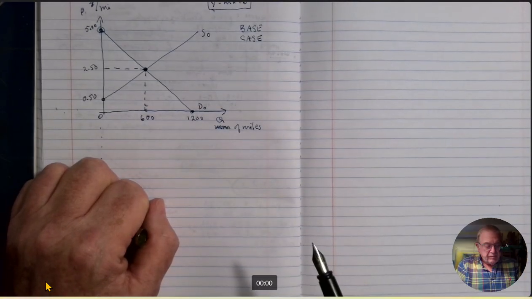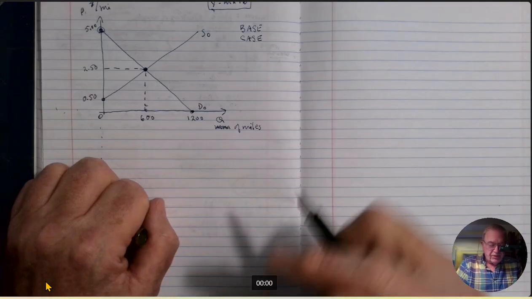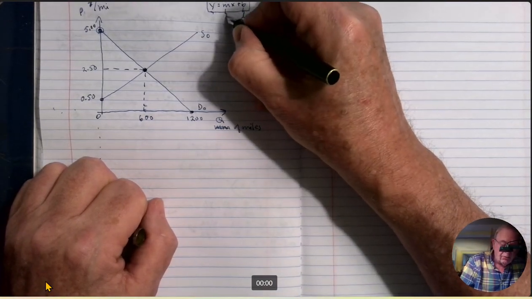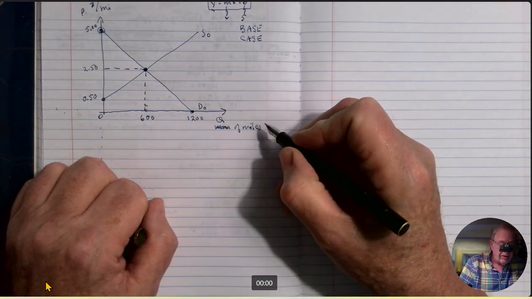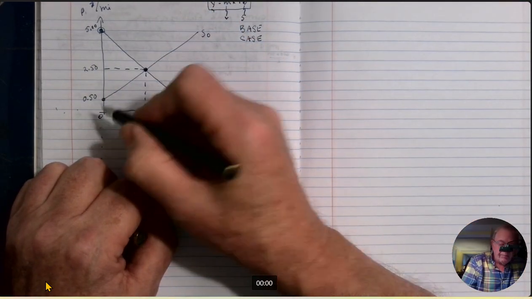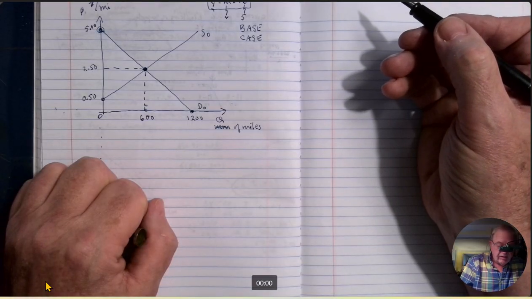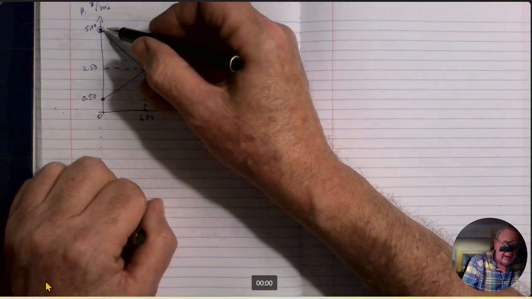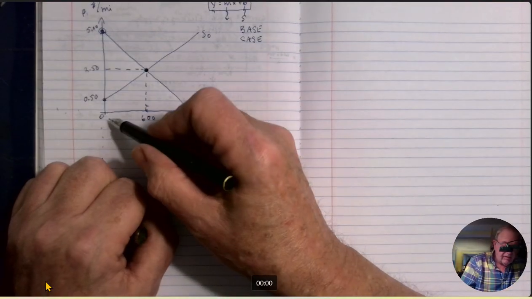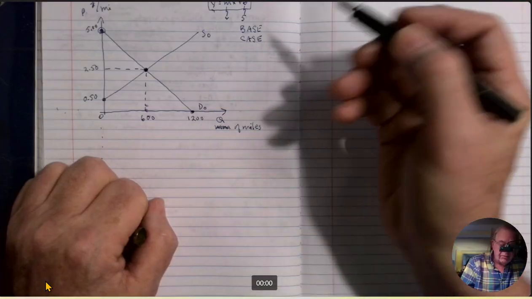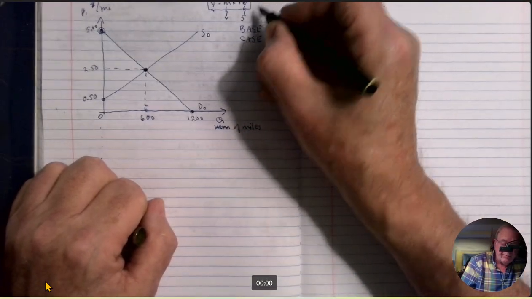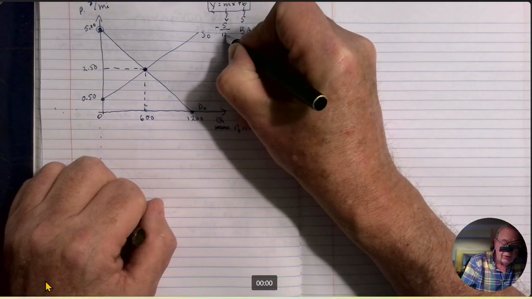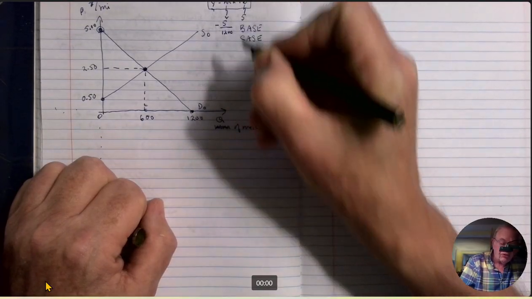Okay. The slope of this, so we have b is 5. Now the slope is going to be the rise over the run. We can go from 0 to 5 in order to get 0 to 1200, but basically the slope is going to be a negative 5 over 1200. Now, we're not going to be mathematicians here.